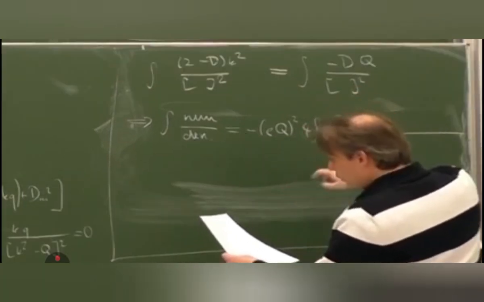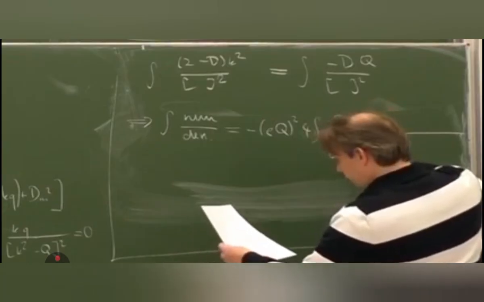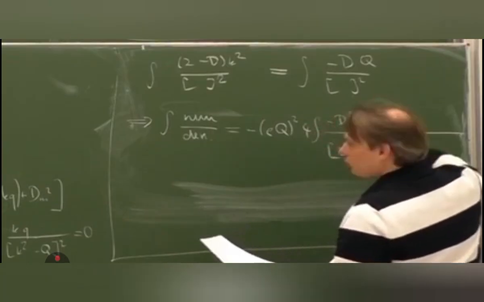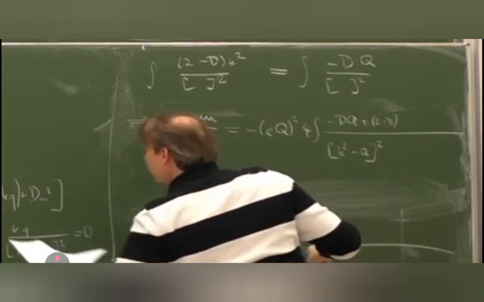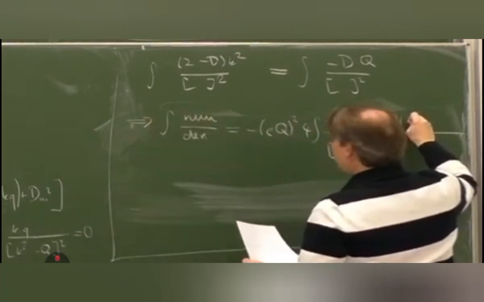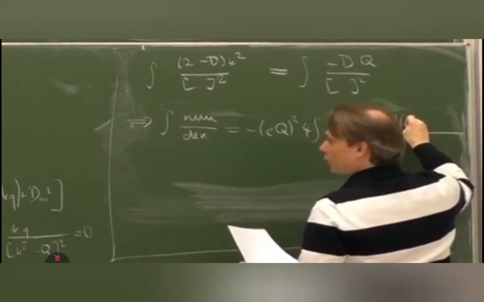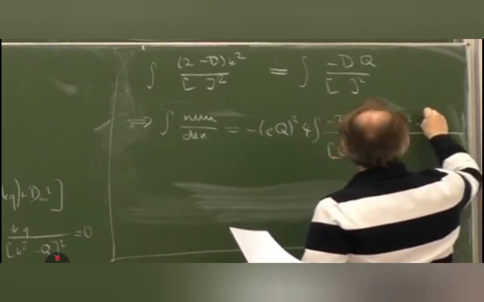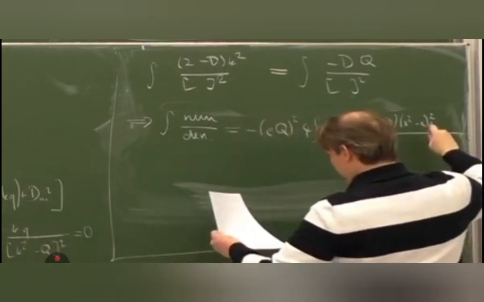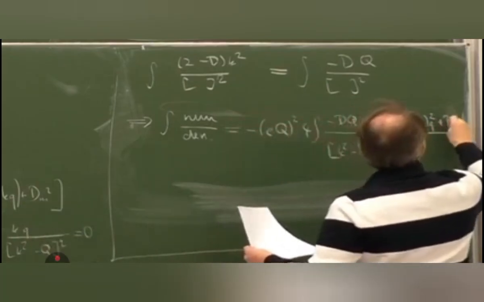Then we get plus 2 minus d times this q square term, 2 minus d times x square minus x times q square plus d times x square.